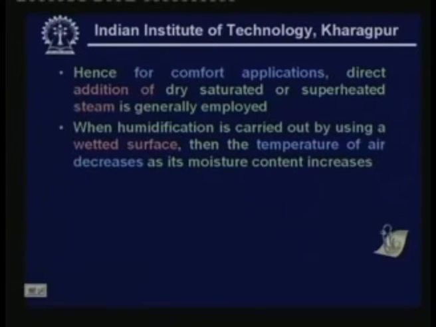When humidification is carried out by using a wetted surface, then the temperature of air decreases as its moisture content increases. Now there is a difference between the process line when you are using a wetted surface or when you are adding dry steam. For example, when you are using a wetted surface, such as an air washer or something like an evaporative cooler where the air comes in contact with a wetted surface, water evaporates, and the latent heat of vaporization is drawn from water and air.